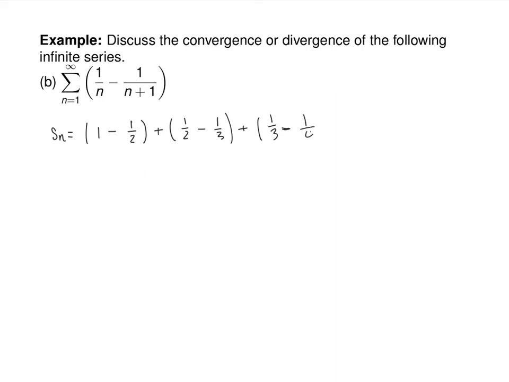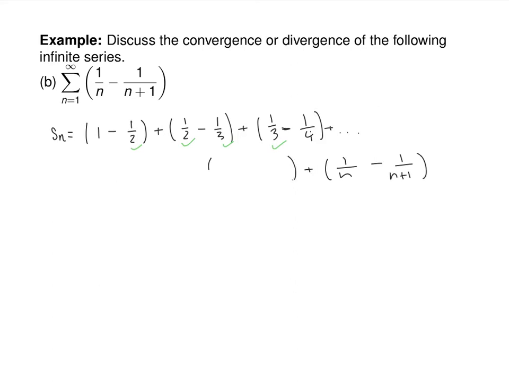And you can see that some stuff's happening here. This negative 1/2 and that 1/2 are canceling. This negative 1/3 and that 1/3 are canceling. The 1/4 will cancel the second I write down the next term. So the last term in your partial sum will be 1 over n minus 1 over n plus 1.